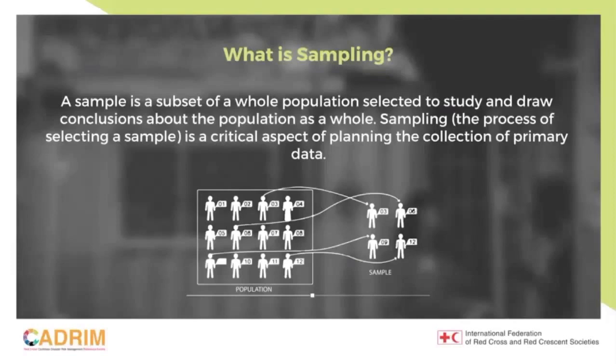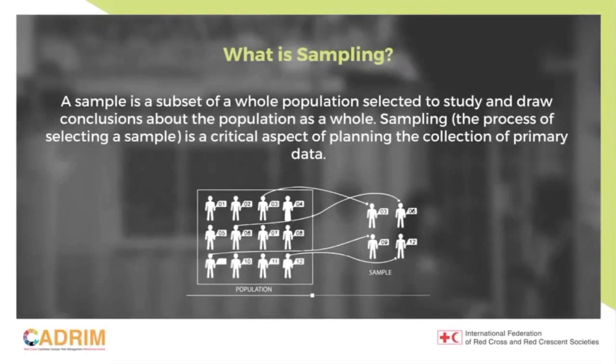We are going to ensure that the data that we are collecting will let us determine very good conclusions, of very good quality, about the entire population that we want to analyze.